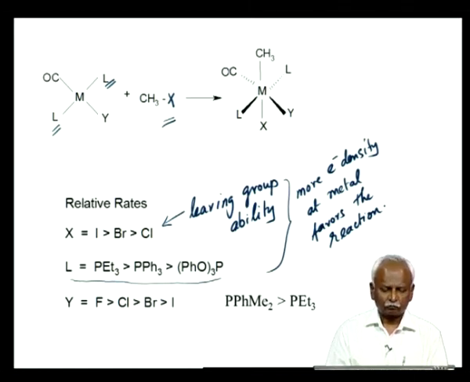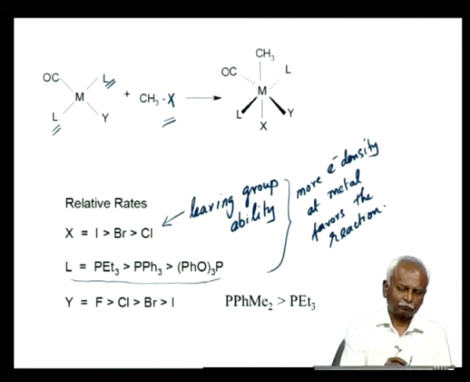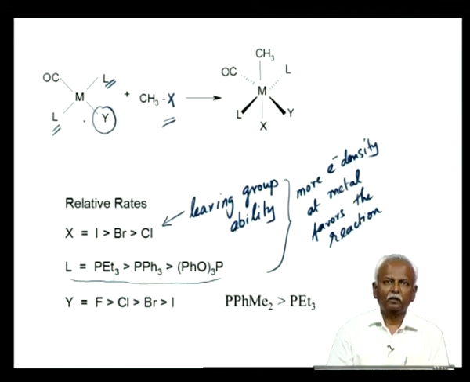So, there was one result which was slightly difficult to understand based on what we have just seen here, and that is the nature of Y. If Y is a halogen, and if Y is electron rich, it should have promoted the reaction.